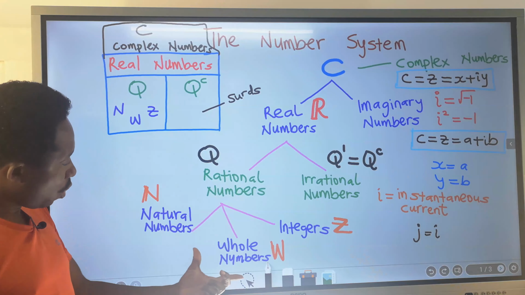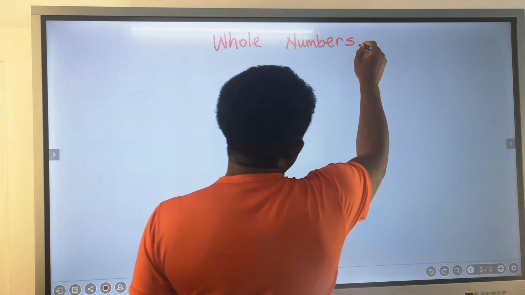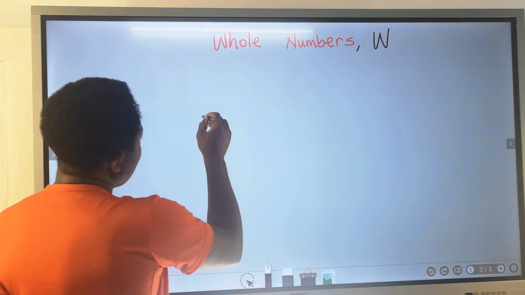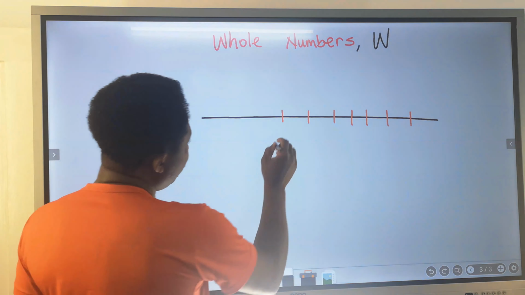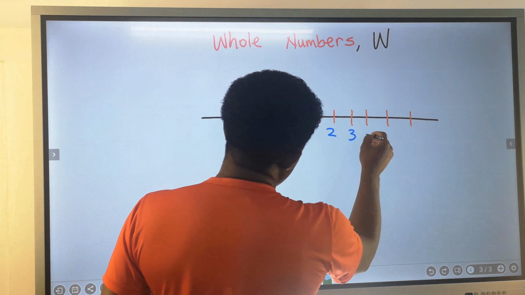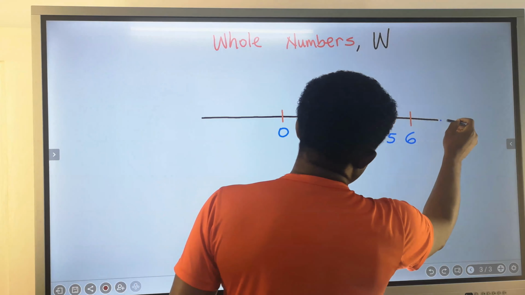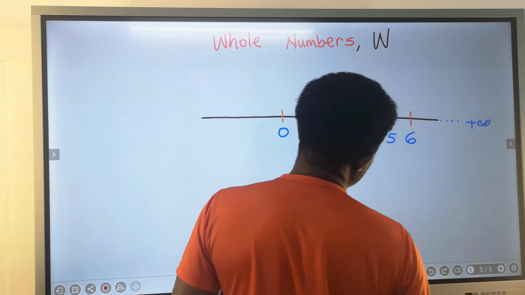Next, whole numbers. Whole numbers are usually denoted with capital letter W. Consider the number line. Whole numbers start from 0, 1, 2, 3, 4, 5, 6, and it continues towards positive infinity.